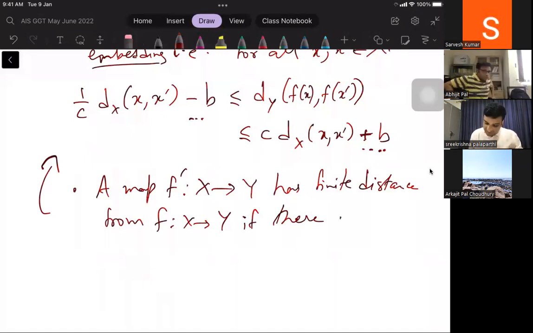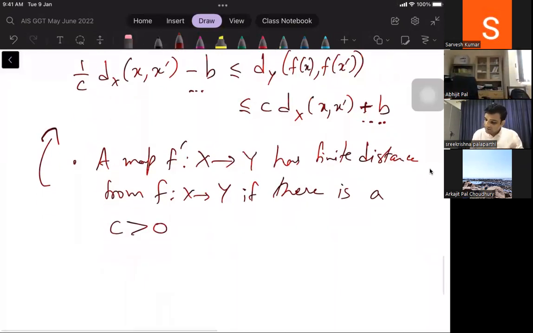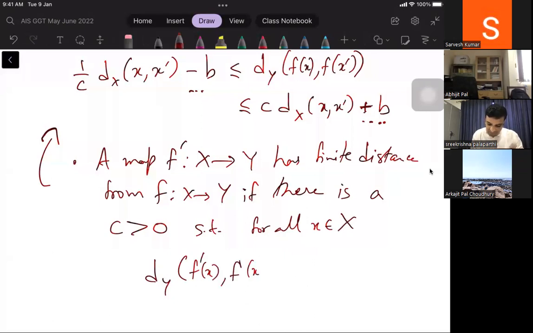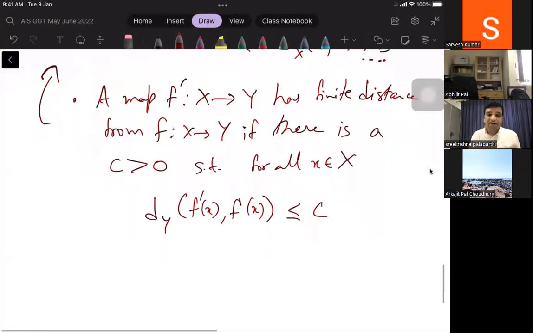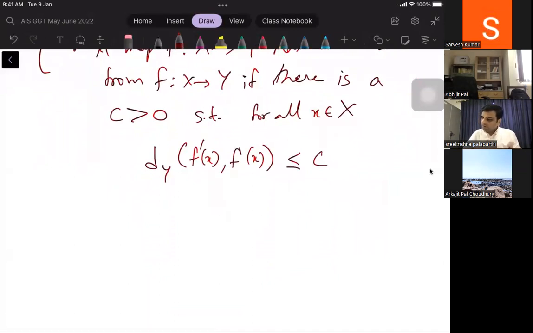If there is a positive constant C, such that for all x in X, the distance in Y of f of x and f prime of x, these two stay within C of each other. This should happen for all x in X. Then you say that f prime is at a finite distance from f, or you can say at a distance C from f, if that is needed.